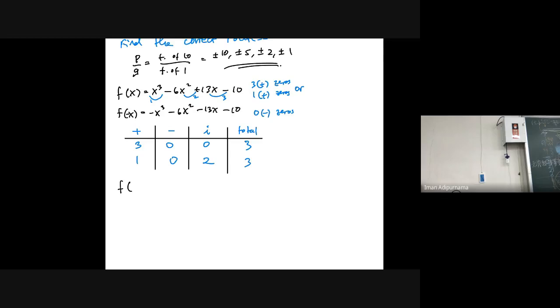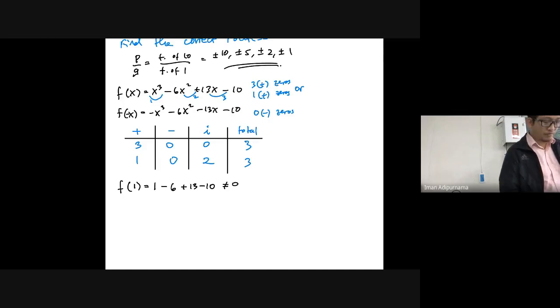You remove the negatives because it's not possible. So check the 1. I think it's not, right? It's not 0.